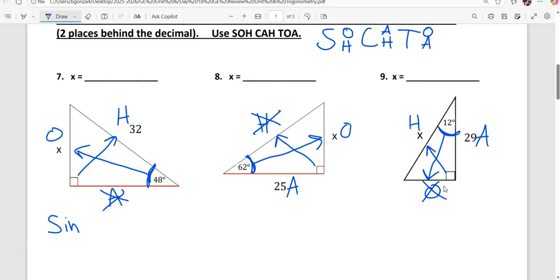Then you put the angle, and then you put the ratio. O over H is X over 32. Okay. And then we'll solve for X. How do I get rid of a divided by 32? Times 32 on both sides. 32's cancel.